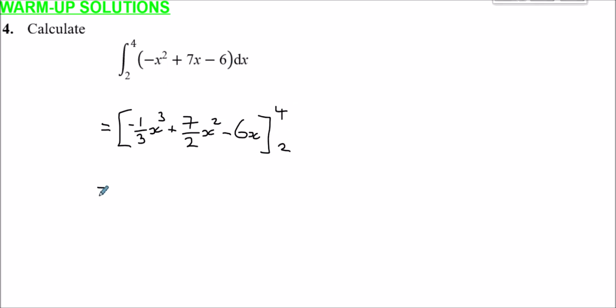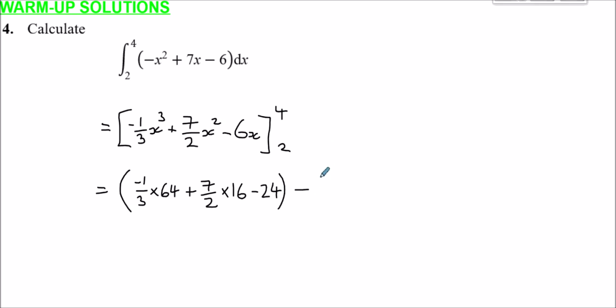And so what we're going to have here is if we input 4 into this, minus 1/3 times 4 cubed, that's minus 1/3 times 64. Then plus 7 over 2 times x squared. Well, if x is 4, 4 squared is 16. Then minus 6x is minus 6 times 4, which is minus 24.